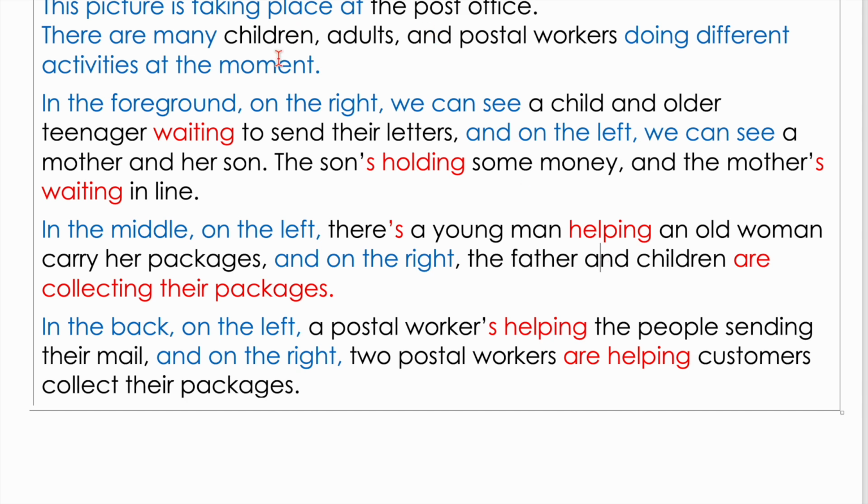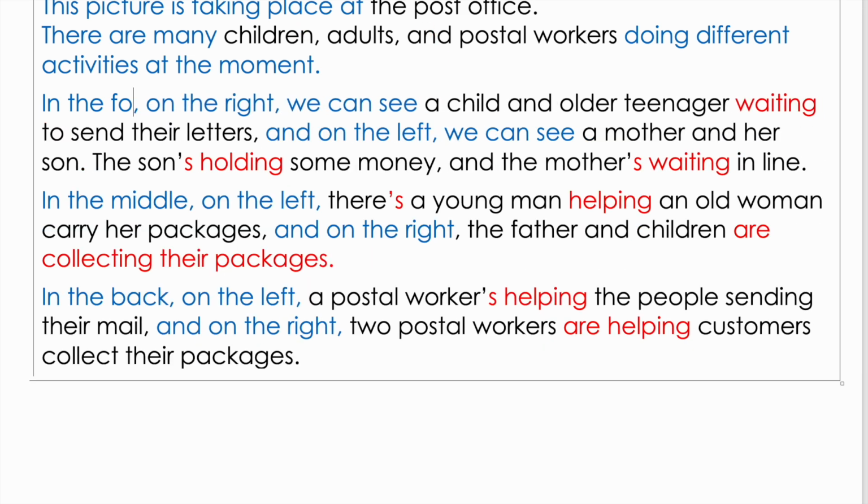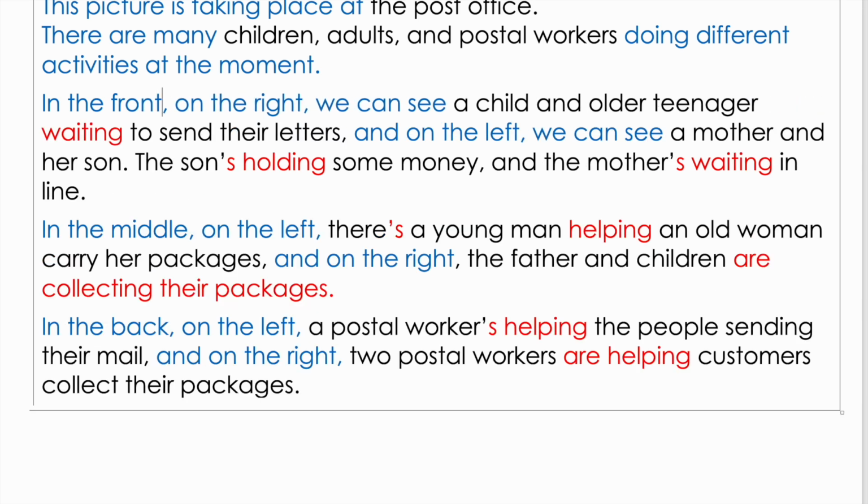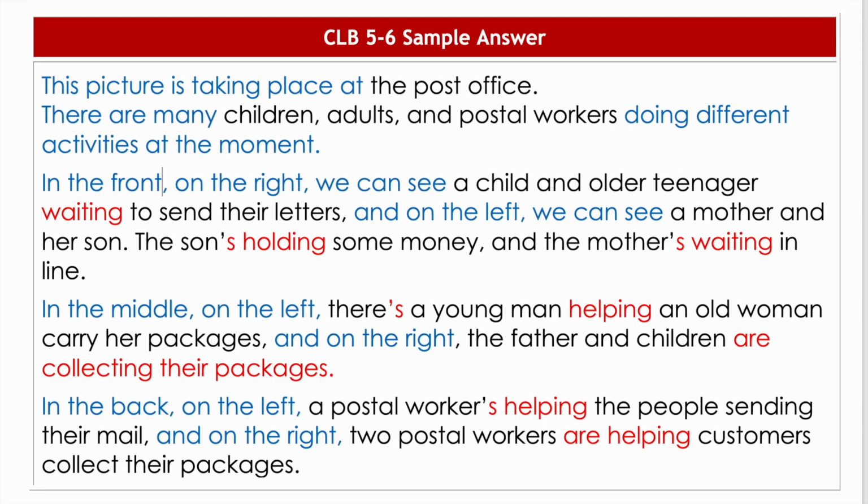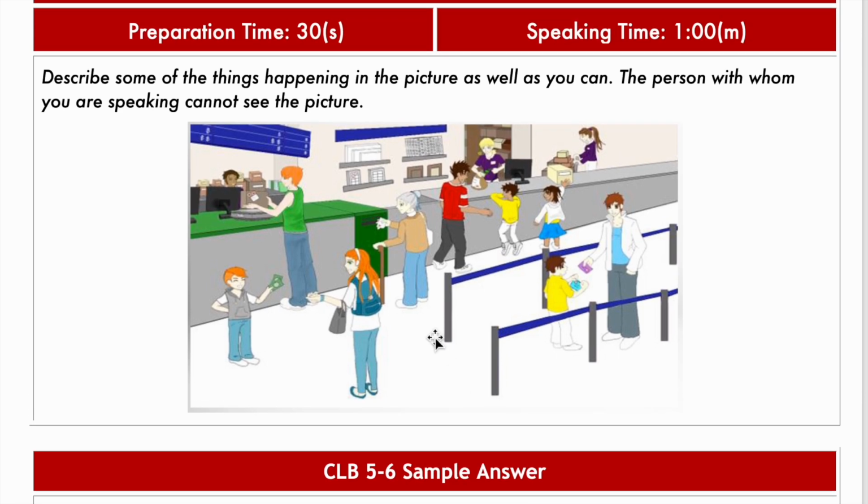And I want to change this to front. Sometimes level 5, 6, we can't pronounce or say that word so well. So I want to change that, okay? All right then, looks like we have a good example here. So again, I just want to say this postal worker is helping people send their packages.